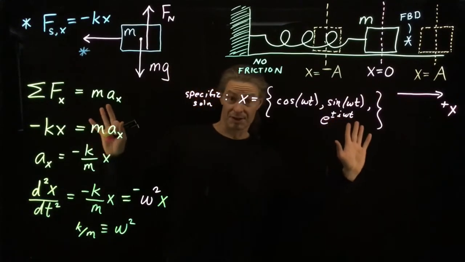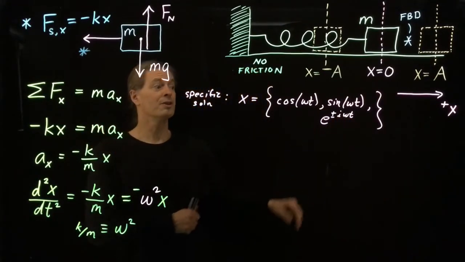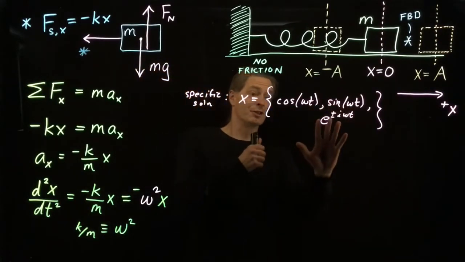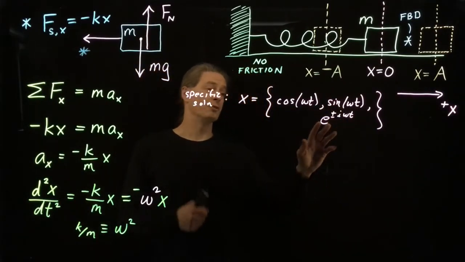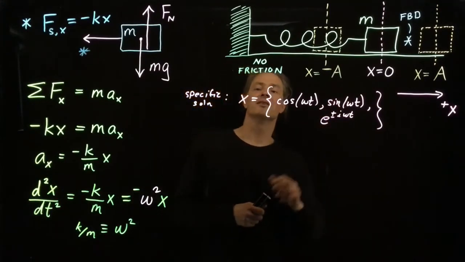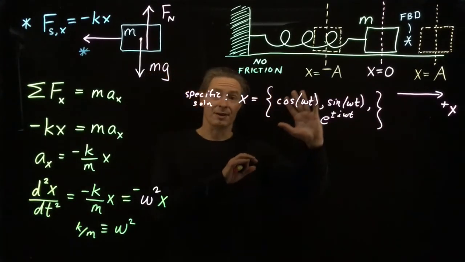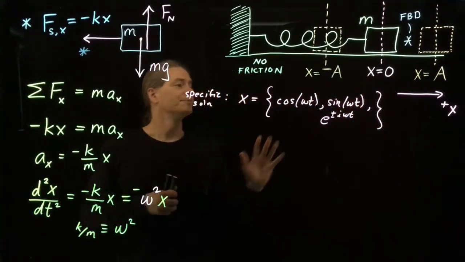Linear dependence is a whole other topic which you'll explore in your differential equations course. There's basically four specific solutions we've looked at: cosine, sine, e to the plus i omega t, e to the minus i omega t. They're not all linearly independent. Some of them are.